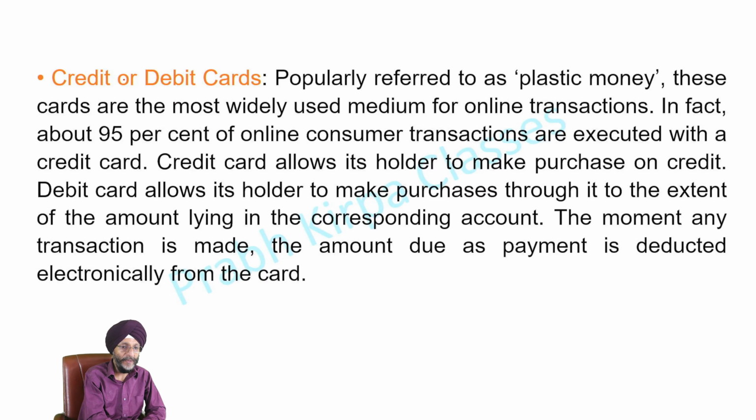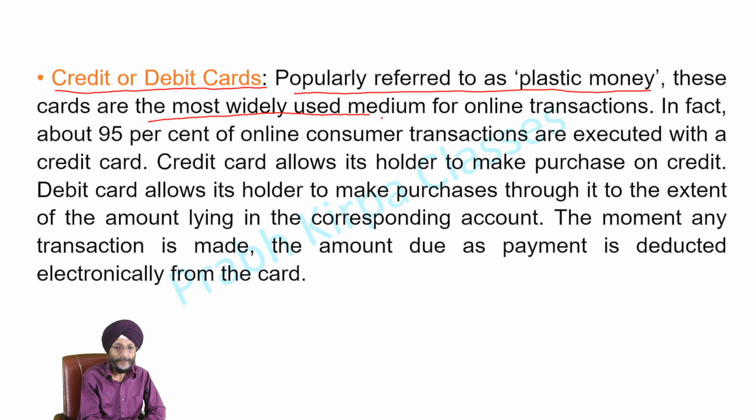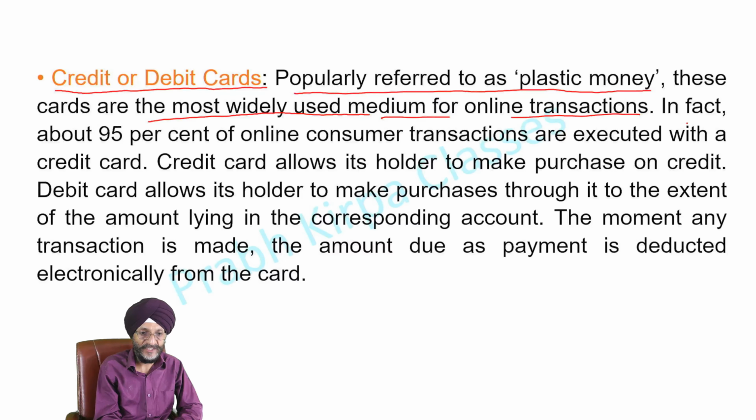Next option for payment online is credit card or debit card, popularly referred to as plastic money. These cards are the most widely used medium for online transactions. In fact, about 95% of the online consumer transactions are executed with a credit card.